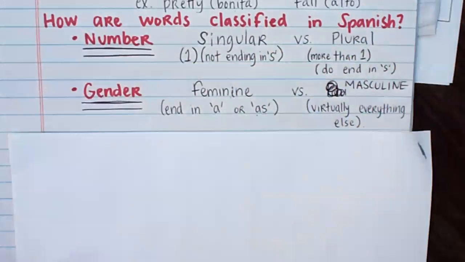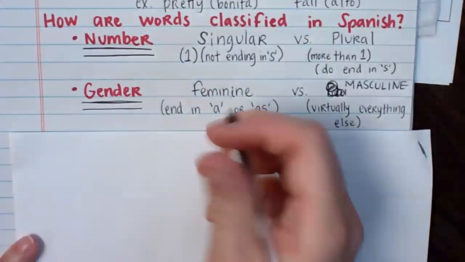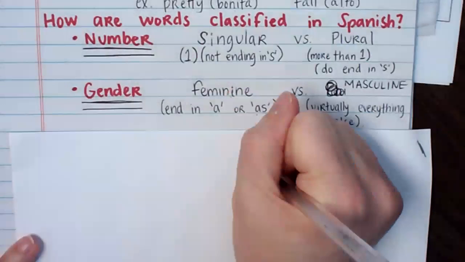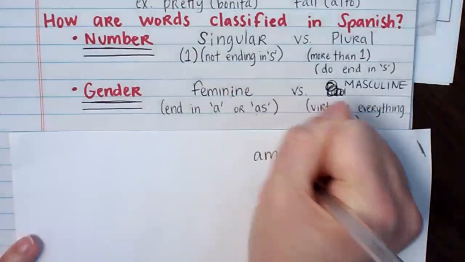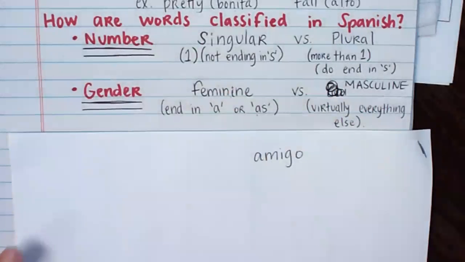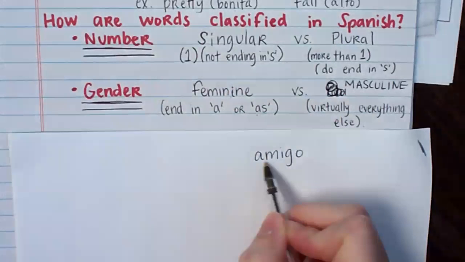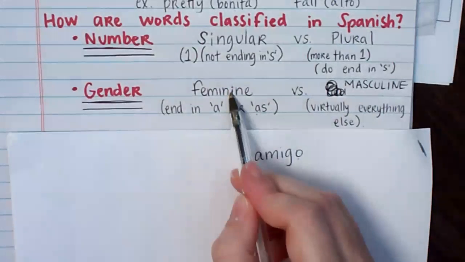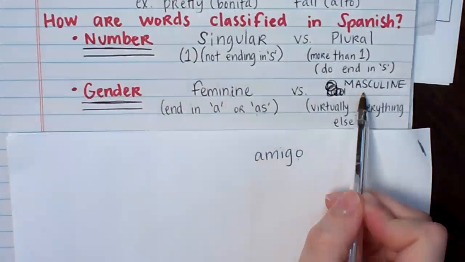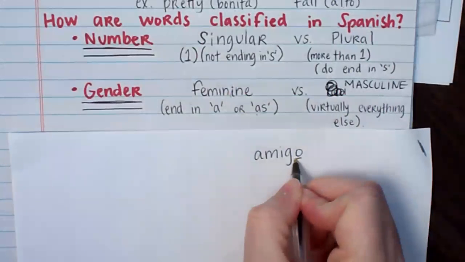So one of the words I used earlier when we were talking about number is the word amigo. So we are going to figure out if this word is feminine or masculine. So we have to look at the ending.